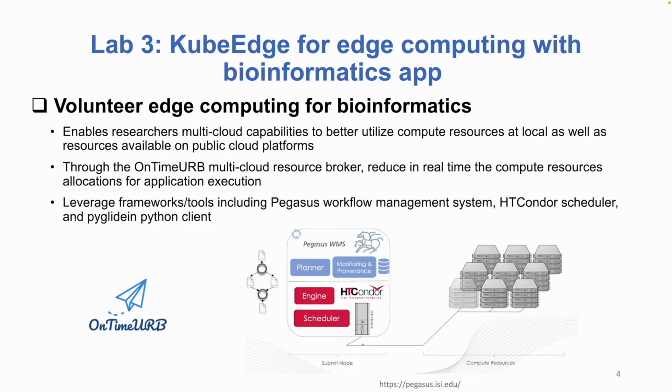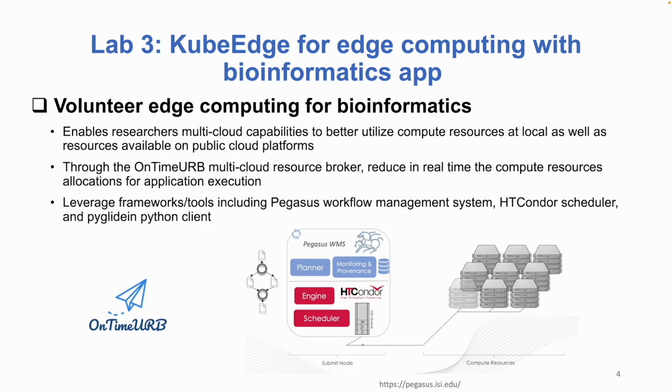So it's a multi-parameter consideration. Based on this, the on-time URB will allocate the best public cloud platform to run the HPC job for the user. Through the on-time URB, we will be able to reduce the time that the user needs to spend on running their jobs, as well as minimize the cost that comes with using the public clouds.